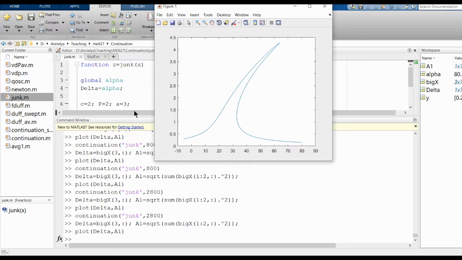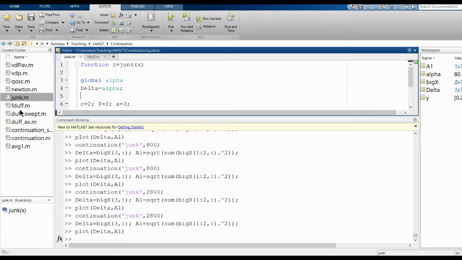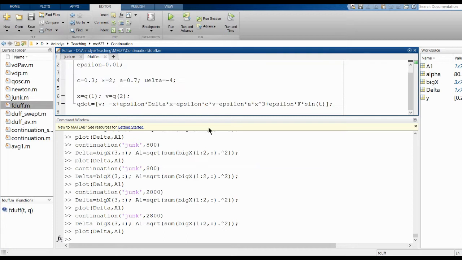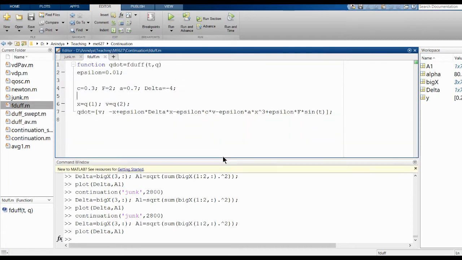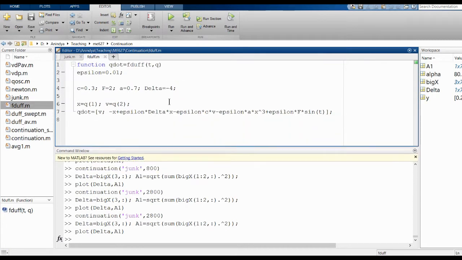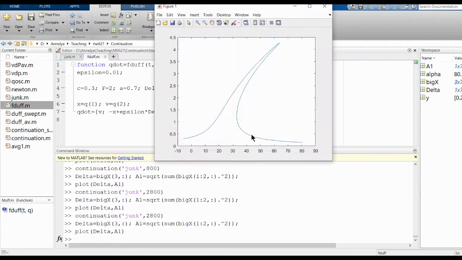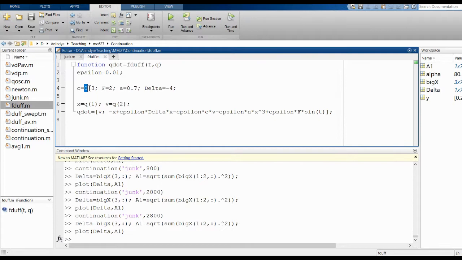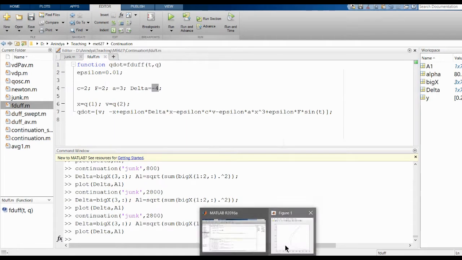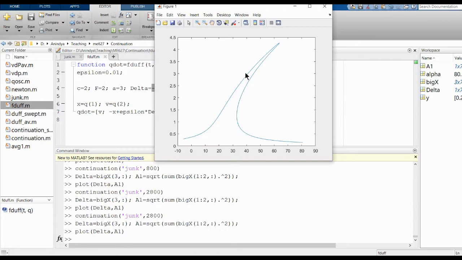Now let us look at the phase portrait. So let us take delta here at 50. Okay, so we will have C equals 2, A equals 3, and delta, unfortunately we will have to take it at 50 just to understand this. 40 or something, 50, 40.